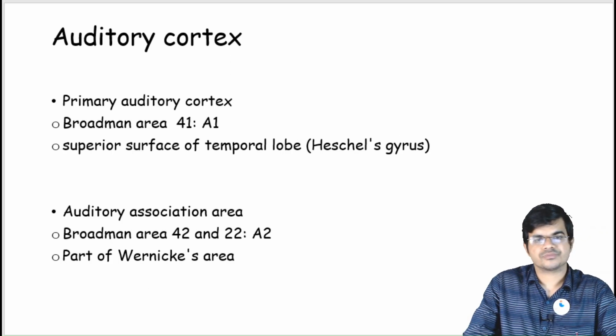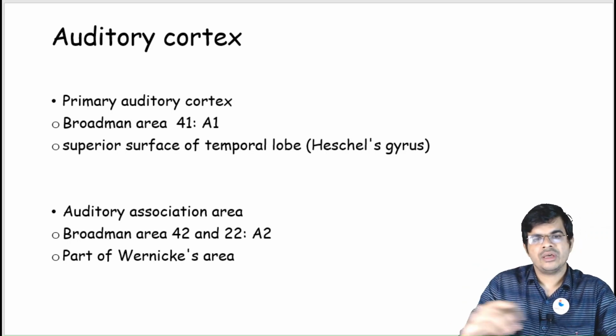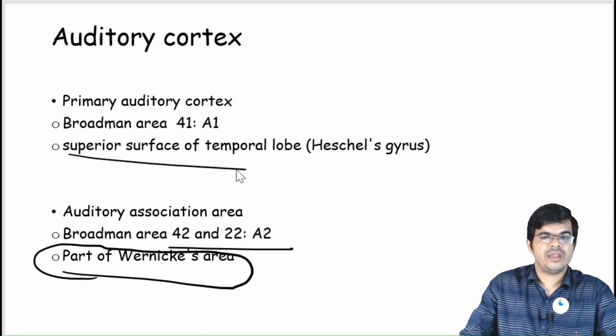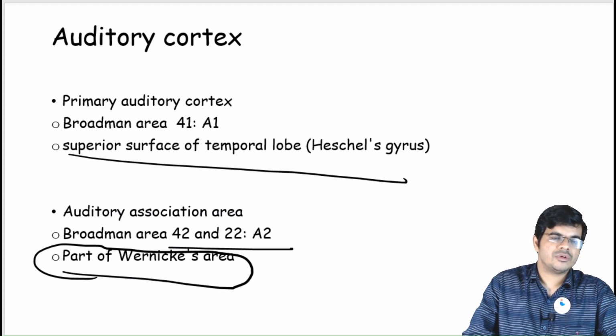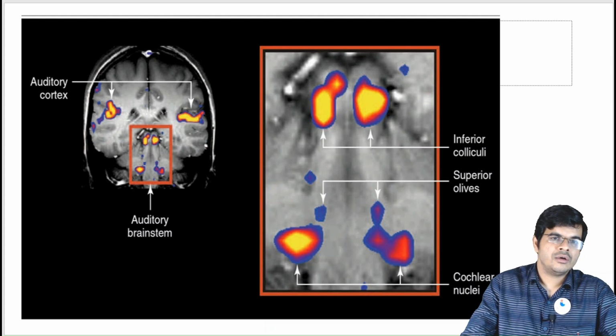Okay, so Brodmann area 41 is the auditory cortex, and auditory association area is Brodmann area 42 and 22. Okay, this is a part of the Wernicke's area. So this is how it appears when you take a functional imaging of the brain, that is fMRI.